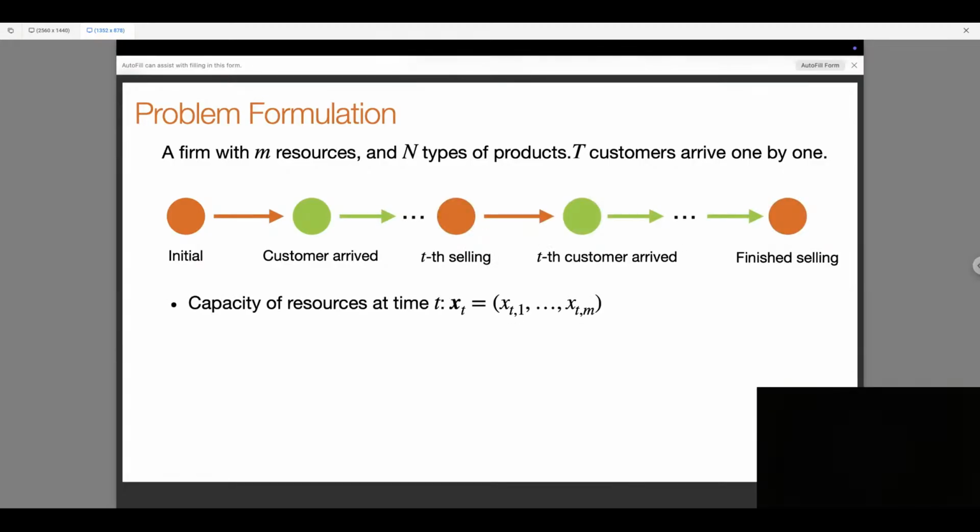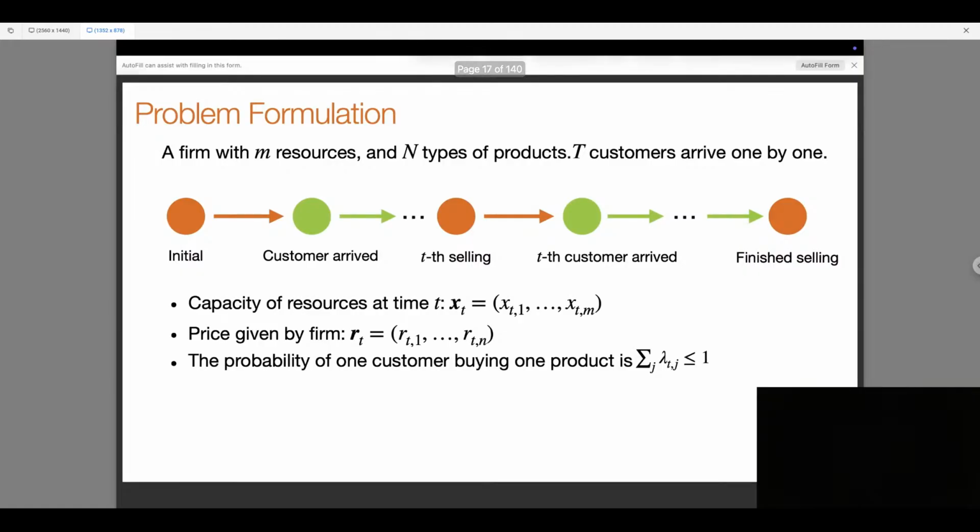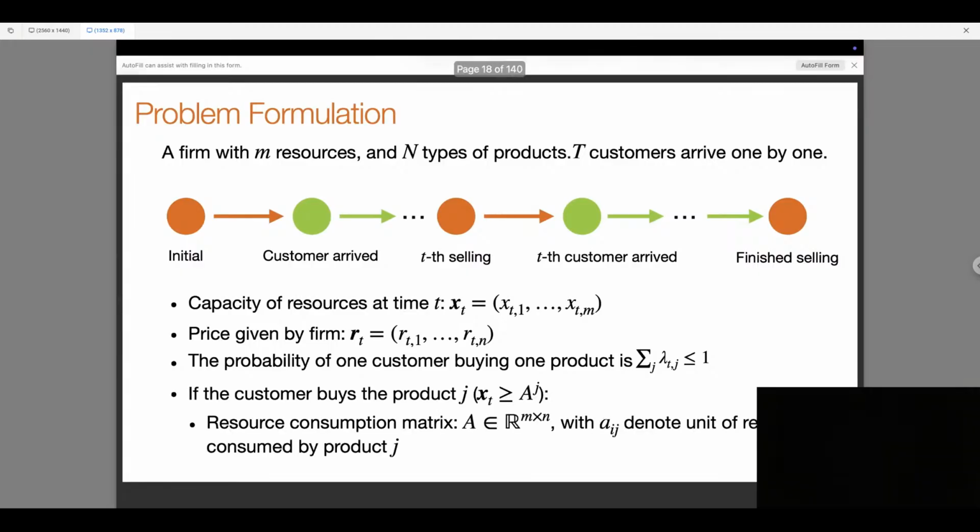As for selling period t, that is when the t-th customer arrives, at that time the capacity of the resource is x_t, the price given by the firm is r_t, and the probability for one customer to buy product j is lambda_tj, and we also assume that the summation of these probabilities is less than or equal to 1. We also have this resource consumption matrix A to denote the units of resource i consumed by product j if the customer buys product j.